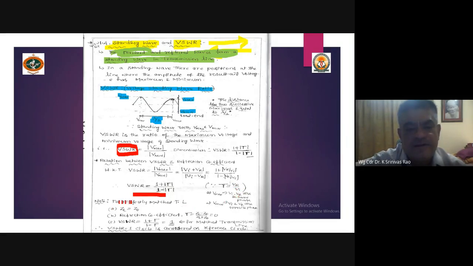So for a perfectly matched transmission line, we have this condition, that is, ZL, the load impedance, is equal to the characteristic impedance. The reflection coefficient is then 0, because ZL is equal to Z naught.